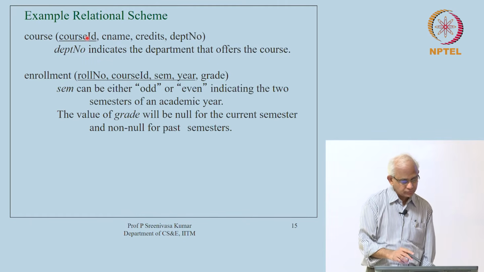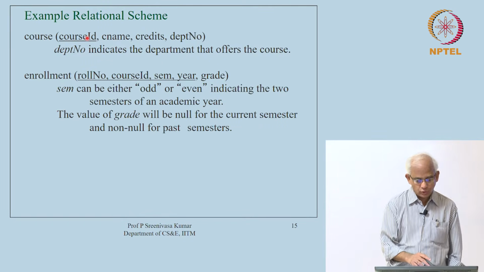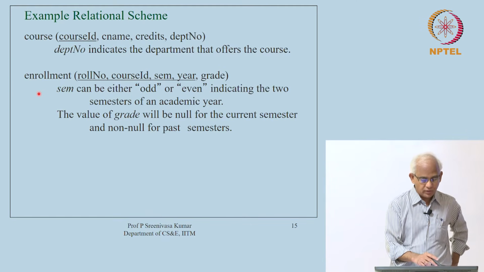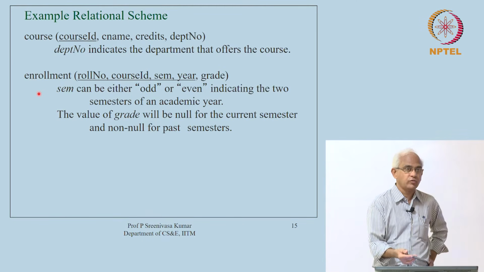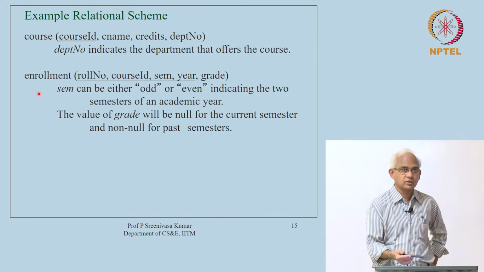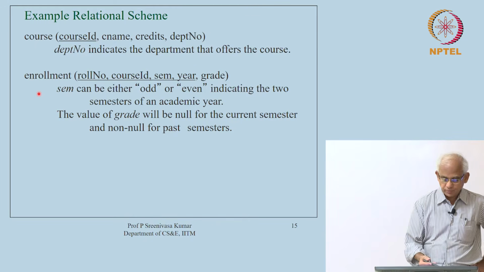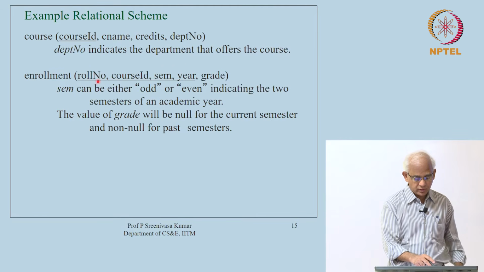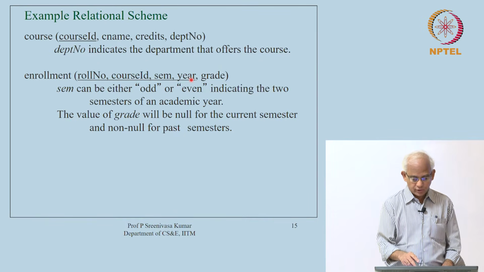And then we have the issue of roll numbers, the issue of enrollments. So, students enroll for courses. Now, in this case we see that there is a need for taking a key which consists of 4 attributes.